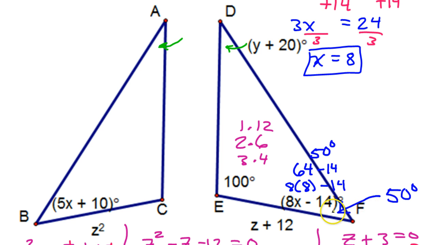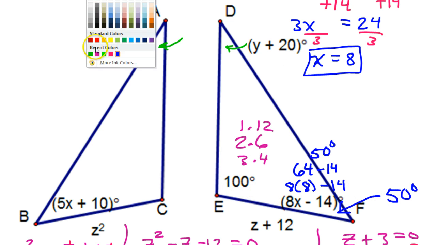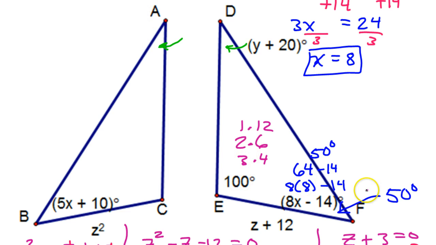All right, so if this is 50 degrees, and this is 100 degrees, so far that is 150 degrees. It all has to add up to 180, so that leaves 30 more degrees for this guy. So that means this angle has to be 30.